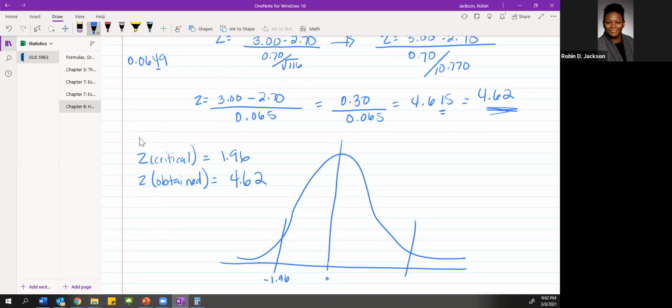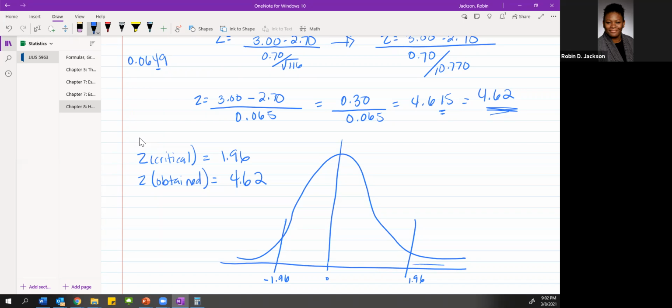This is my positive 1.96. All right, so at no point do we have a negative in this number. So we know that our Z obtained, our 4.62, is going to fall on this side, because remember, these are Z scores.